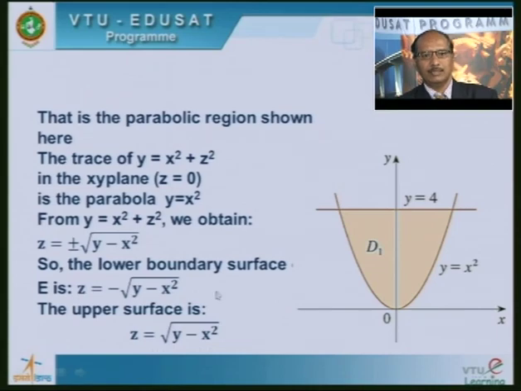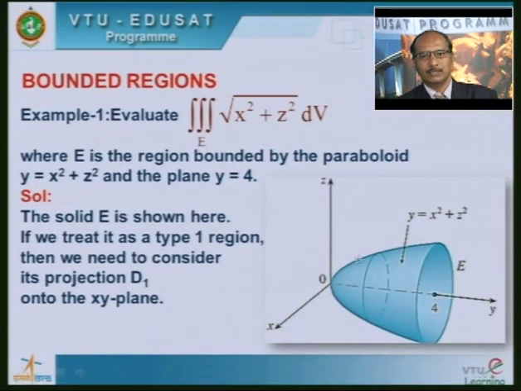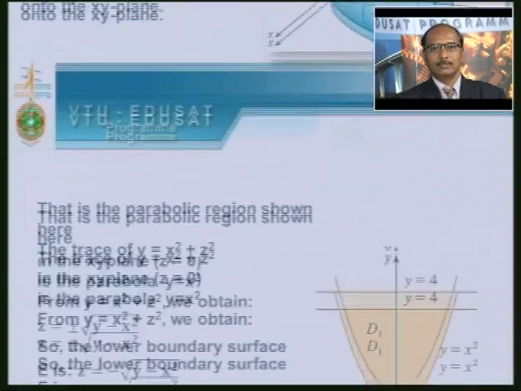Once you get the z limits as functions of x, y, you take the projection of this solid on the xy plane. How to get the projection here? Pressing that solid surface onto the xy plane, you will get a parabola.